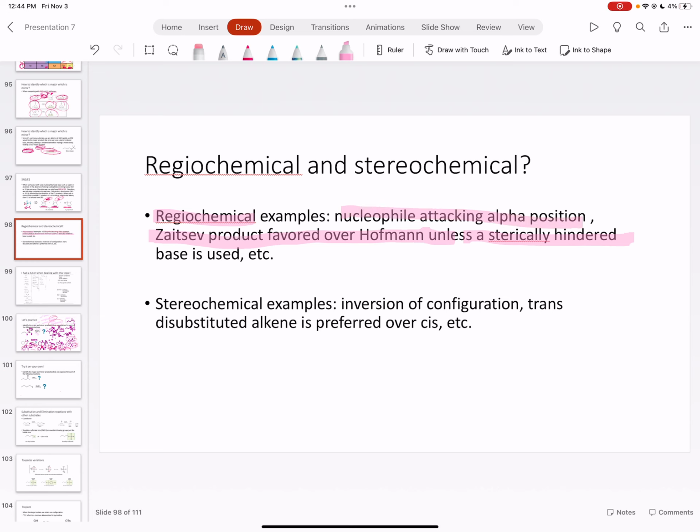Now for a stereochemical example, we can have things like inversion of configuration, how for SN2s we go from R to S, or for some elimination reactions we have a trans disubstituted alkene being preferred over a cis.